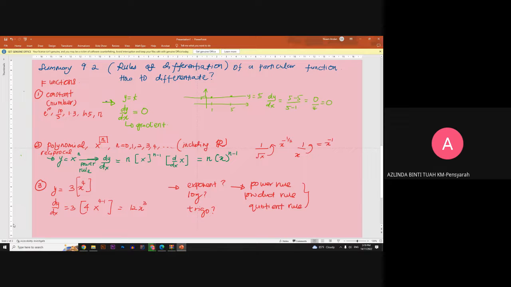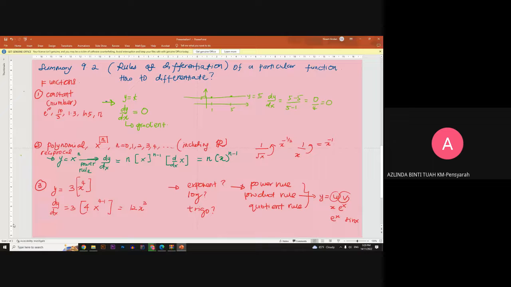So dalam product rule ni, as you know, dia akan ada y equals to u times v. So function u dengan function v ni dia akan selalu bertukar. Mungkin dia akan combine sama ada polynomial dengan exponent, maybe like this. Or dia akan combine exponent dengan trigo. So skill tu yang kita akan belajar nanti untuk next level.